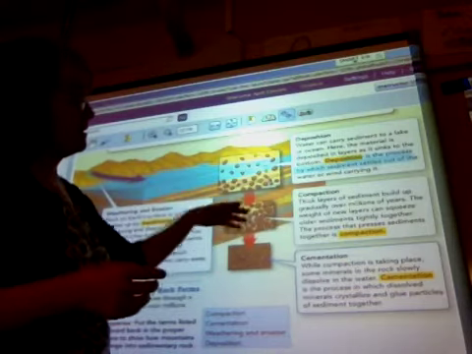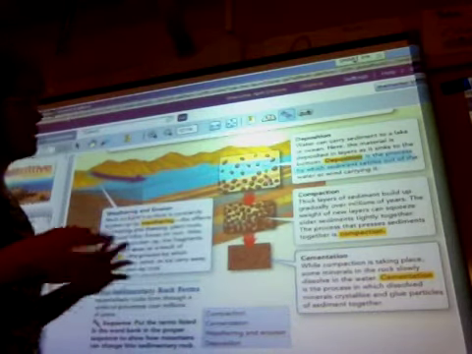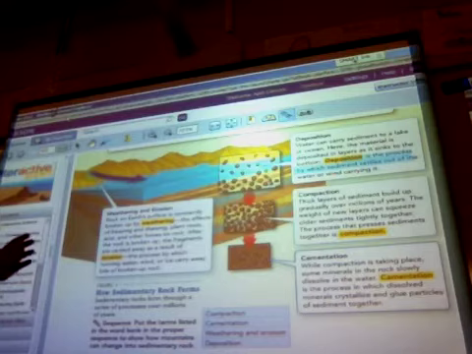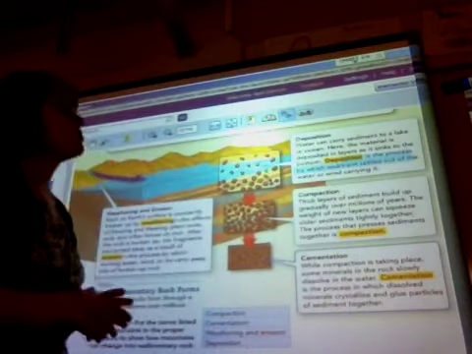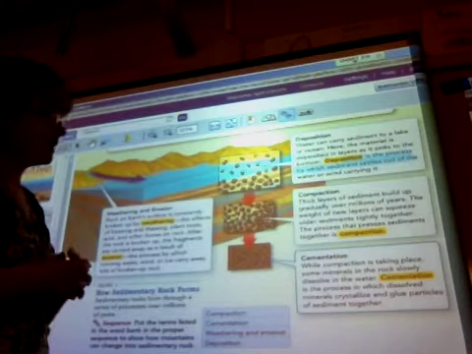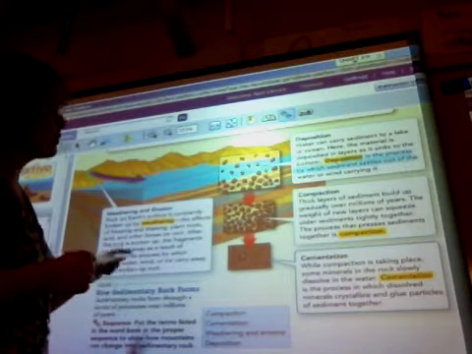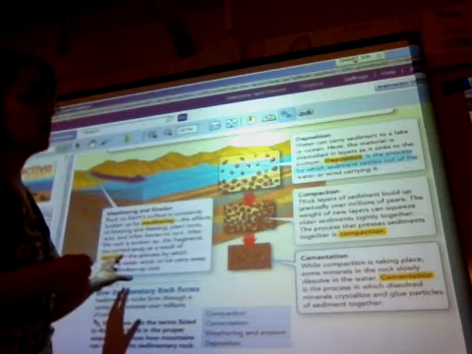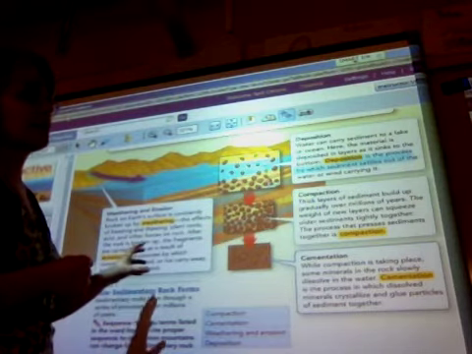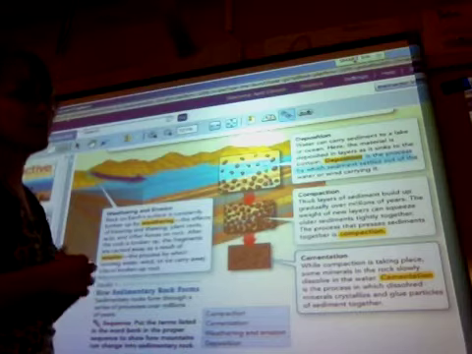Okay, the second set of processes cause the sediment to be put together as a rock. The first process is deposition, and deposition sometimes is confused with erosion because the same things that cause erosion can help to cause deposition.